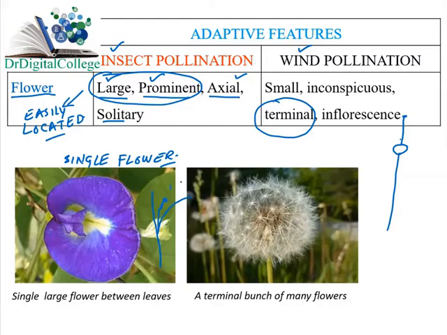This is called axial flower. And this is the terminal flower: this is the shoot, this is another shoot, this is another shoot, and the flower is present at the tip of this central shoot. This is terminal flower, this is axial flower. Axial flower is always hidden between the shoots.